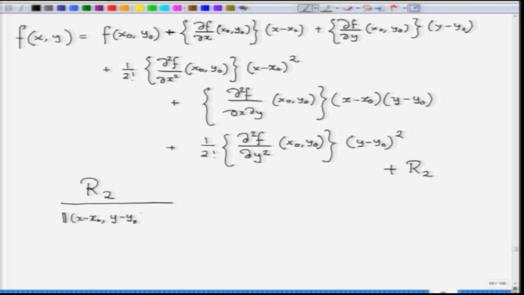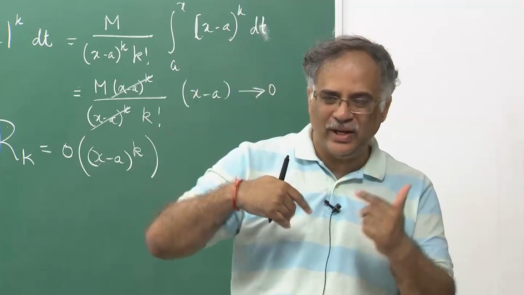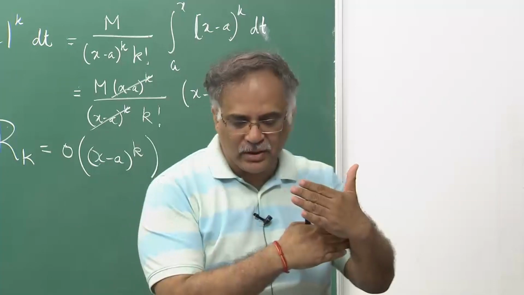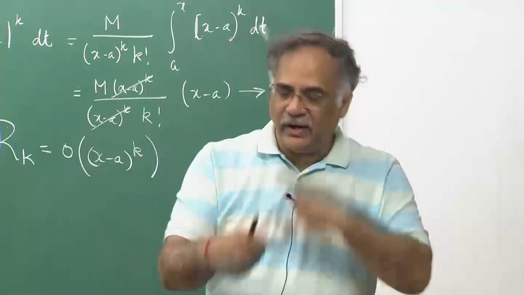What we can show is that here the thing slightly changes. This limit, as x y goes to x naught y naught, goes to 0. Here R2 vanishes faster than even the square. I know that a square would come towards 0 faster than x, because between 1 and 0, x square is less than x. So, it will come faster towards 0, but here, once you make a quadratic approximation, your error vanishes faster.